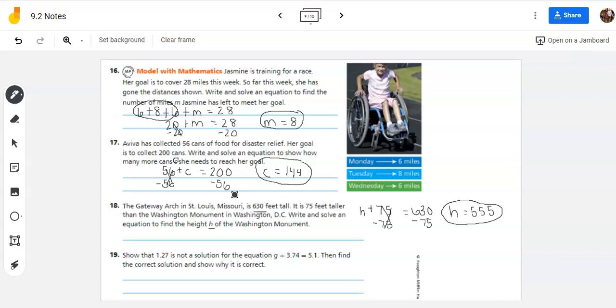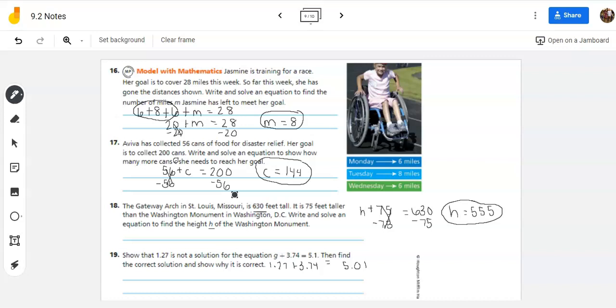19. Show that 1.27 is not a solution for the equation g plus 3.74 equals 5.1. Then we need to find the correct one. So if I plug that in there, I have 1.27 plus 3.74. If I add those together, I get 5.01. 5.01 is not the same thing as 5.1.